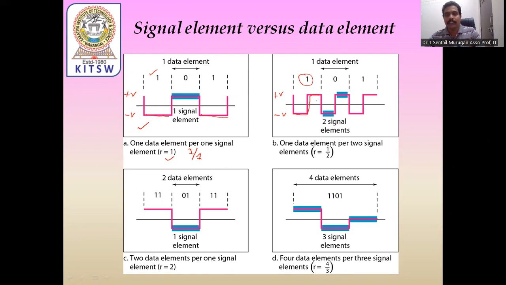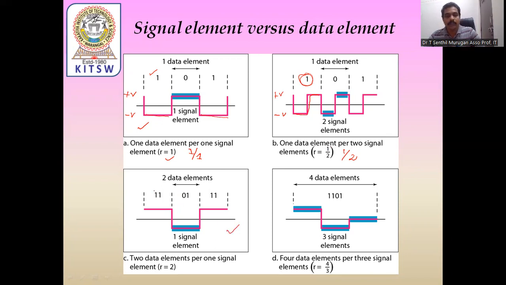So whenever the data is there, it takes two signals to represent the single data element. That is the identification here. Minus voltage and plus voltage together represent only one data element. So one data element by two signal elements. Clear?